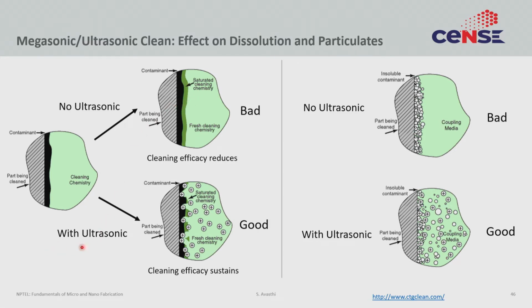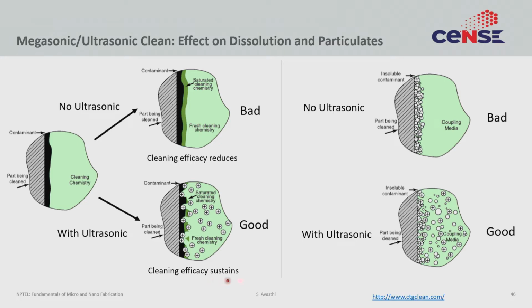While if you do create ultrasonic agitation, then that agitation provides some extra mechanical energy to break this boundary layer and mix these two chemistries so that your cleaning action is a little better. So, this cleaning chemistry can penetrate the contamination better. This clearly is better than the standard case, and this is how ultrasonic works to improve the efficacy of your cleaning.